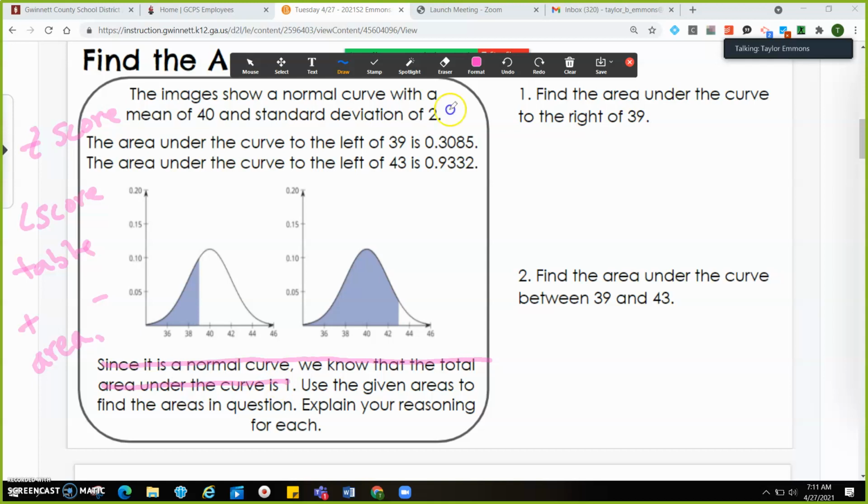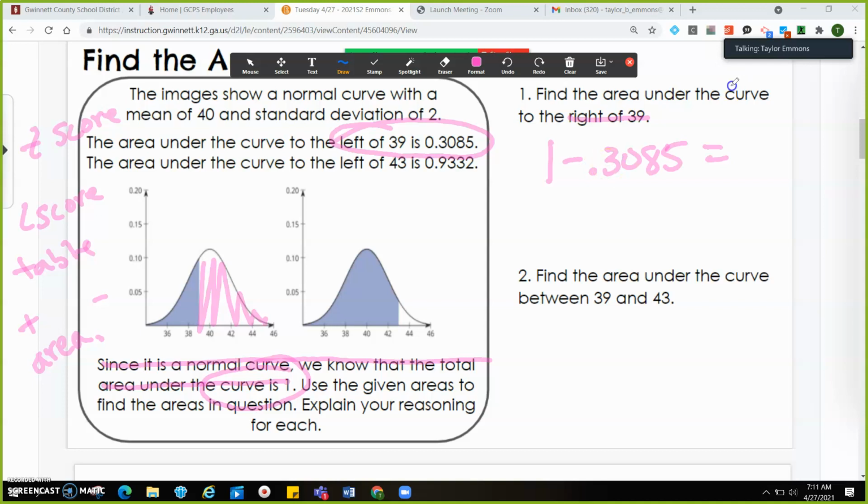Okay, now the question says find the area under the curve to the right of 39. But we're given the information about the left of 39. So how do we get the right side of 39? Well, if we know that the total of the curve is 1, then we're going to take 1 minus the left area to get the right of 39.